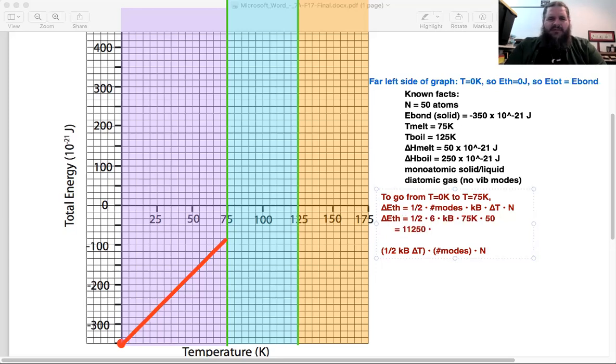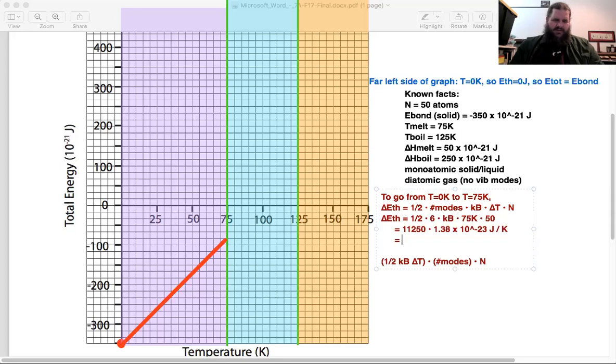Anyone happen to have a value for Boltzmann's constant handy? Let's see if I can find that in here. Every gigantic physics textbook should have a list of constants at the back. Boltzmann's constant, 1.38 times 10 to the negative 23rd joules per Kelvin.